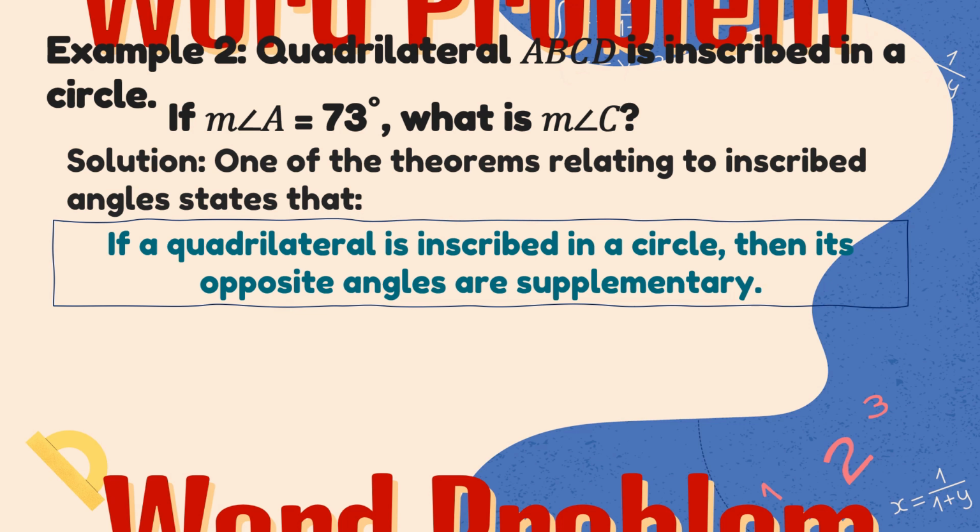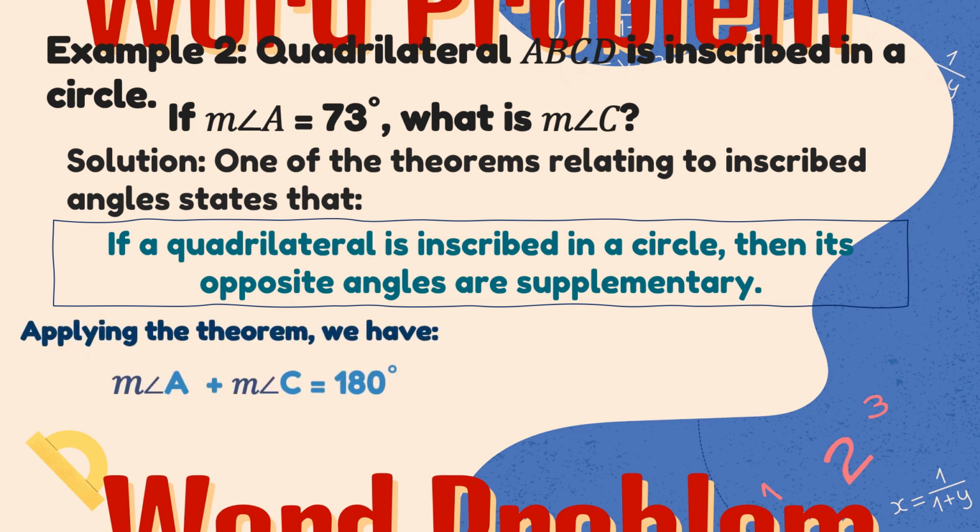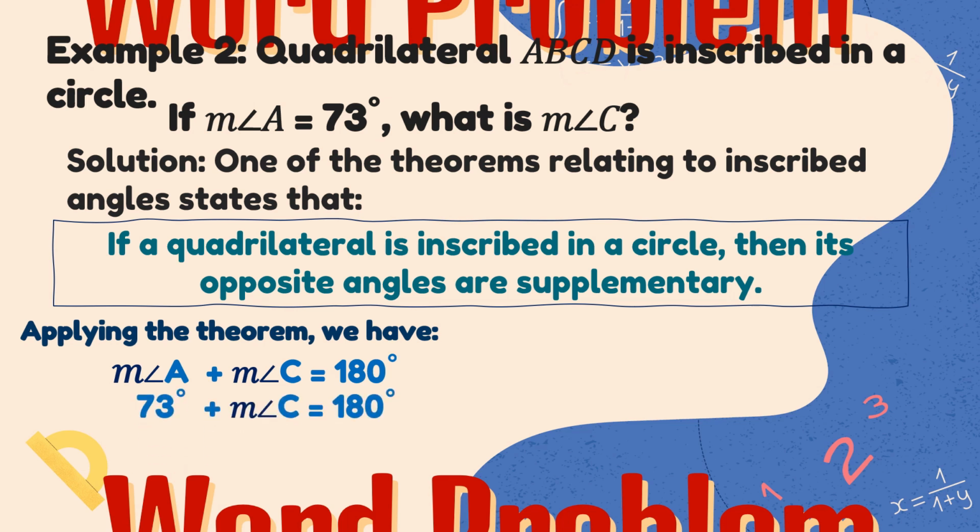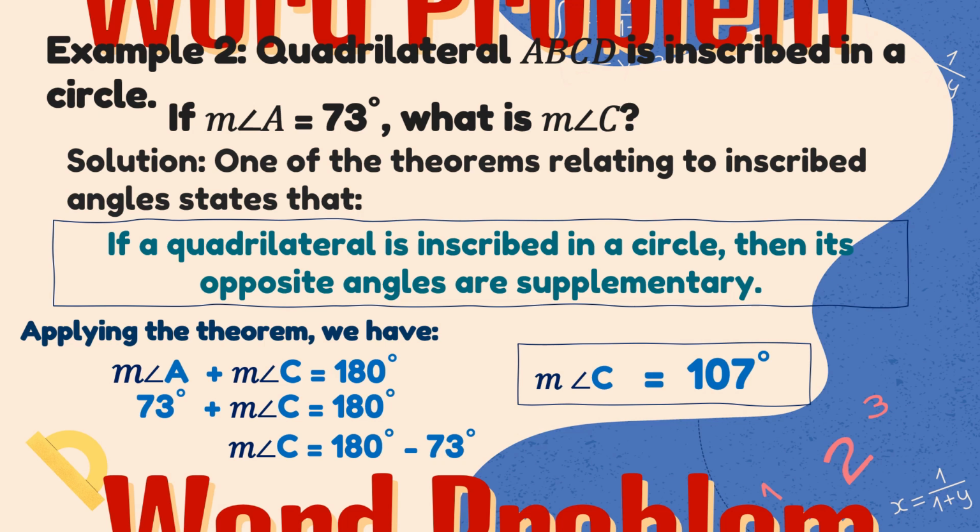Applying that theorem, we have angle A plus angle C is equal to 180 degrees. 73 degrees plus angle C is equal to 180 degrees. Angle C is equal to 180 degrees minus 73 degrees. The measure of angle C is equal to 107 degrees.